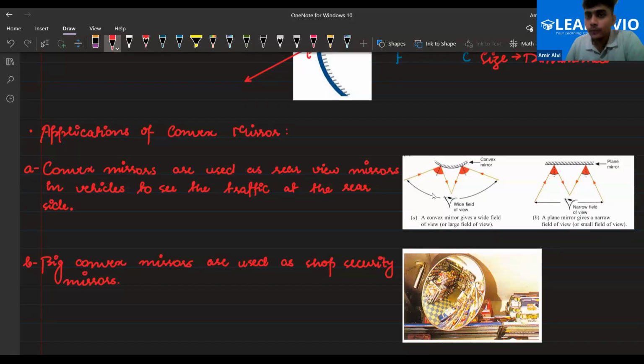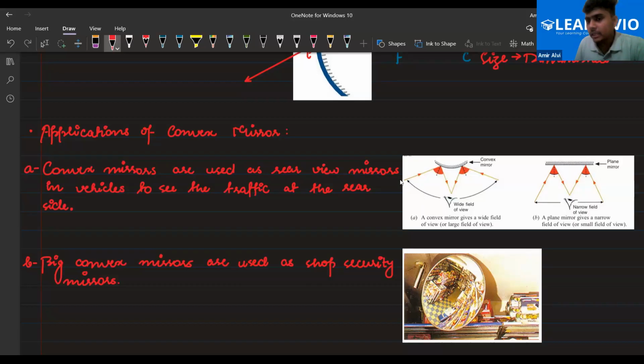We use convex mirror as a rear view mirror in our vehicles because the light spreads out, and it gives a wider field of view.